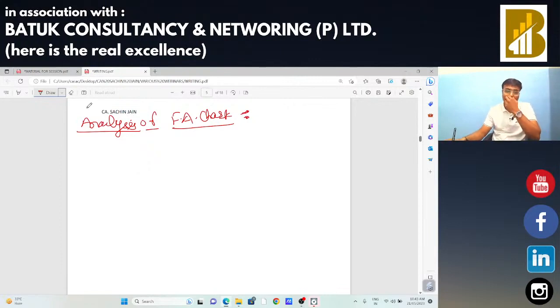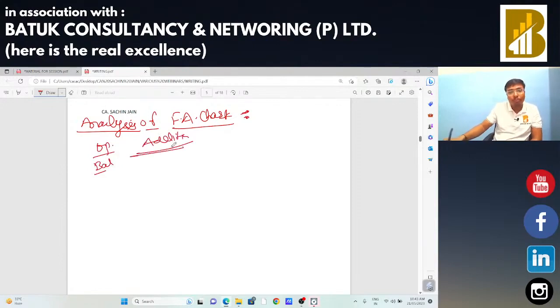Now, analysis of fixed assets chart. When you are going to check the fixed assets chart in the balance sheet, or with 3CA, 3CB, 3CD, or with the books of accounts, or with the accounting software, in that case, there is opening balance, addition, sales, closing balance.